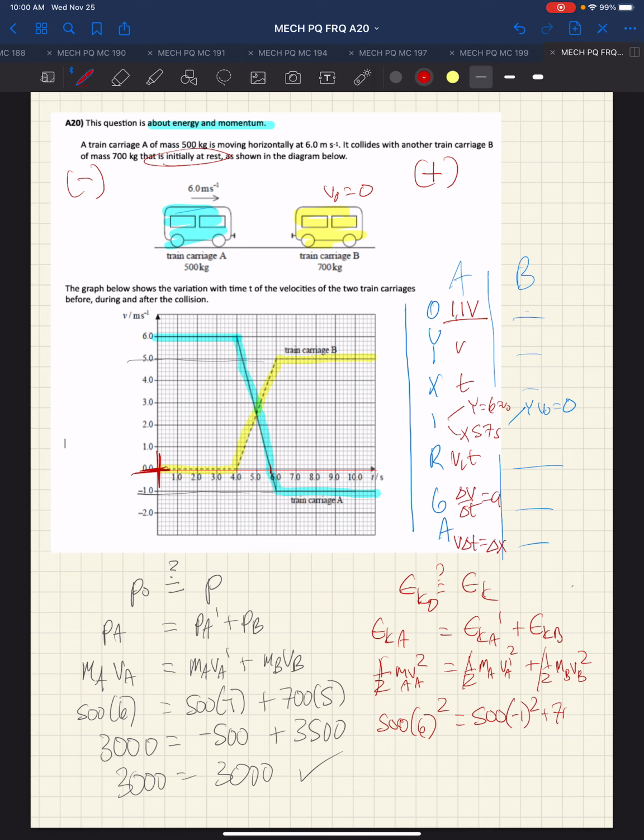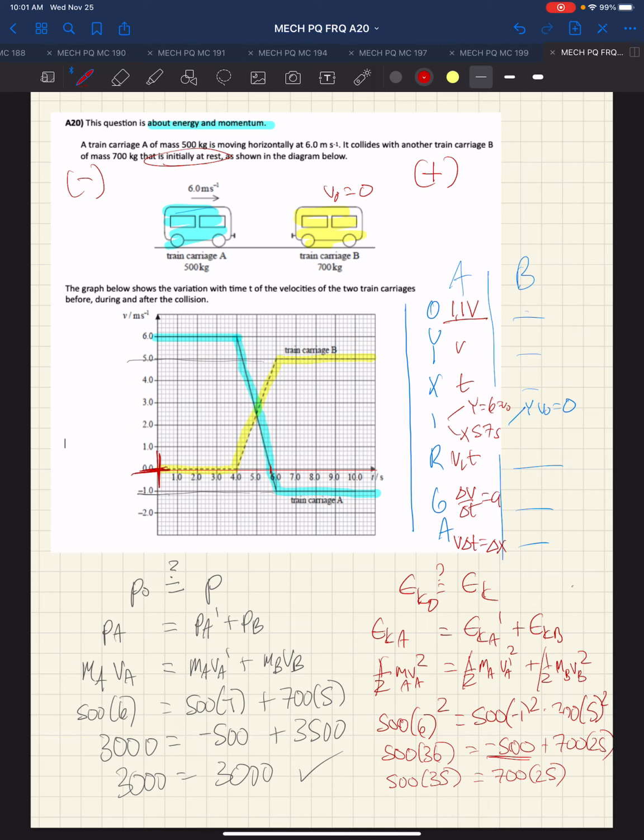And mass of B is 700, and its velocity is 5 squared. So we have 500 times 36 equals 500 plus 700 times 25. There are 36 500s over here, so subtracting gives us 35 500s, which will be equal to 700 times 25.